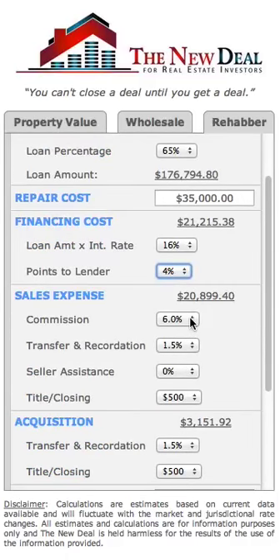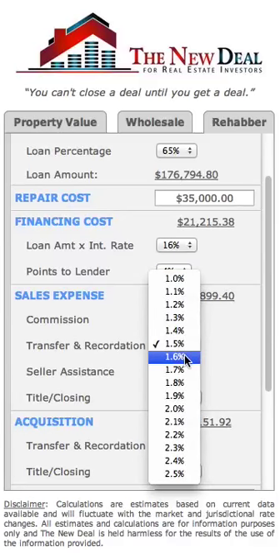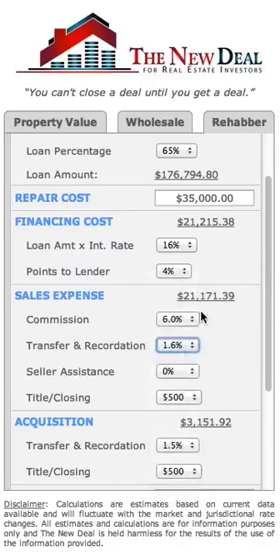So typically that number comes out to 6% of the total amount, 3% to the buyer's agent, 3% to the seller's agent. So we're going to keep that at 6%. And then your state transfer and recordation fees is typically a percentage of the deal. We're going to actually move this to 1.6%. And again, you can see that this has already changed some of the figures in your sales expenses.